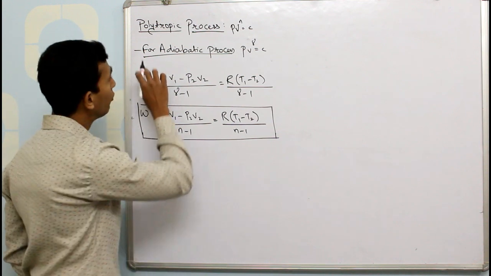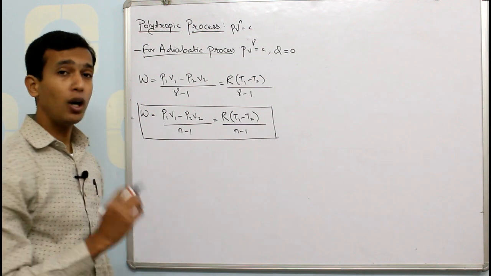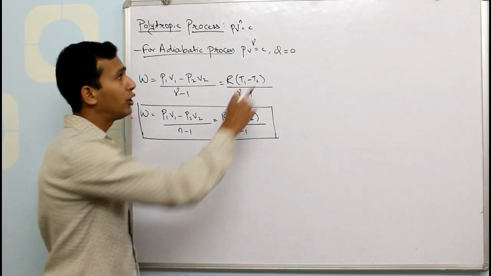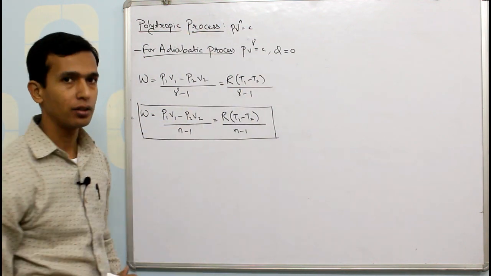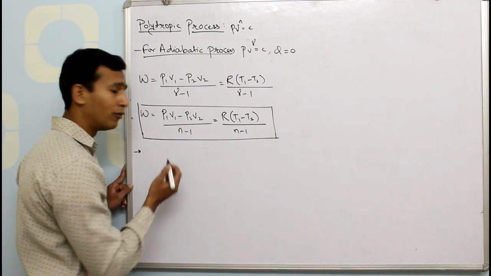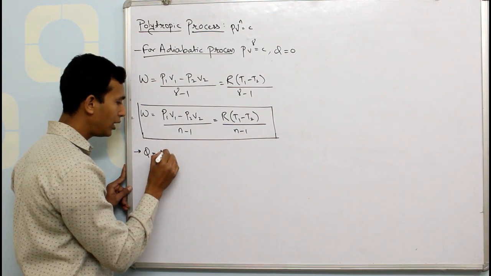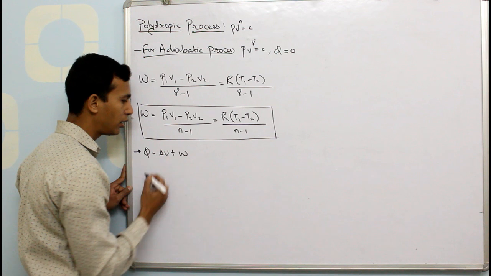Now the question is, for an adiabatic process, Q is directly 0. Now we are required to find the value of Q for a polytropic process. As per the first law of thermodynamics, for any system undergoing a process, Q equals change in internal energy plus work done.